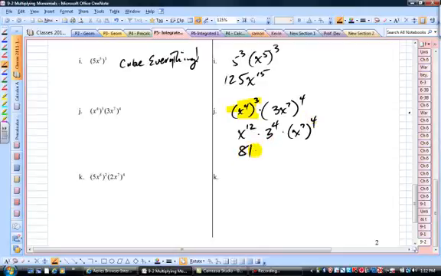I'm going to bring that in front because typically you bring the constant in front. Did you guys catch that? Times x to the 12th up here. Now, what's x to the 7th to the 4th power? Times x to the 28th. We're not done here because we're multiplying like variables. When you multiply like variables, what do you do to their exponents?